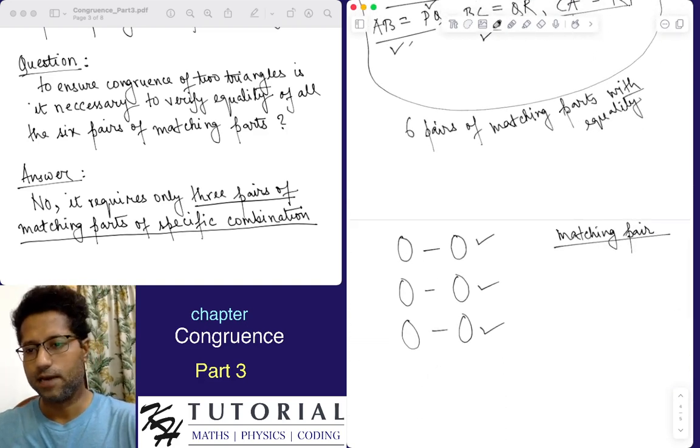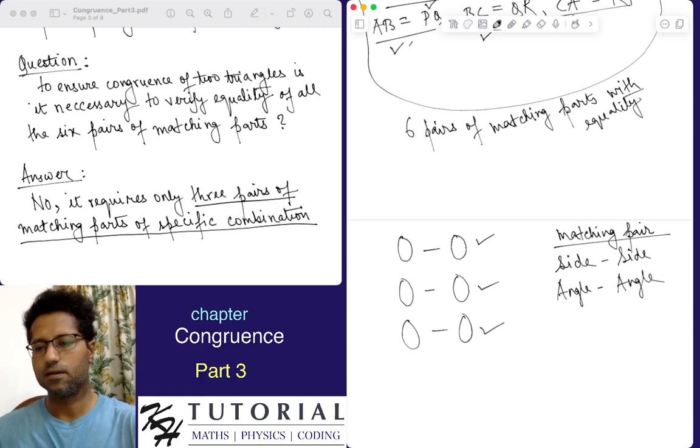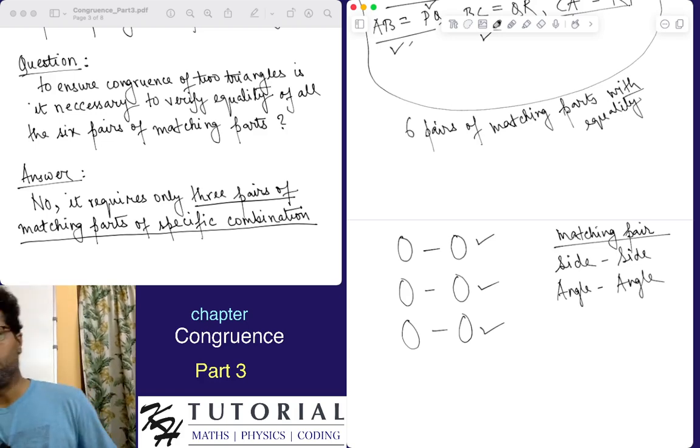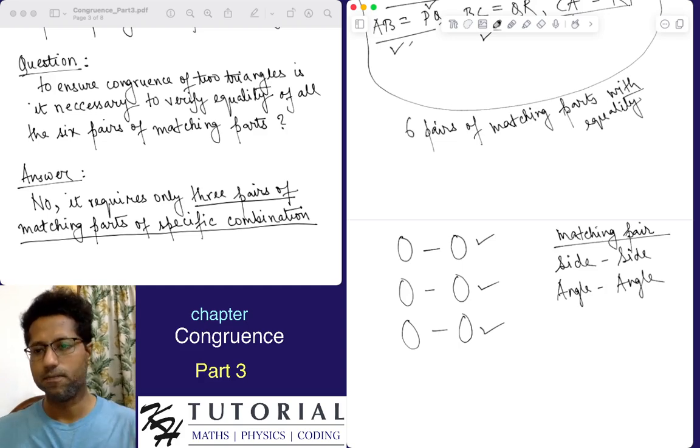A matching pair is either a side matched with a side, or an angle matched with an angle. We verify the equality of 2 angles, or we compare 2 sides. So a matching pair can be of type side-side, where the left hand side is a side from triangle ABC and the right hand side is a side from triangle PQR, or it could be of angle.